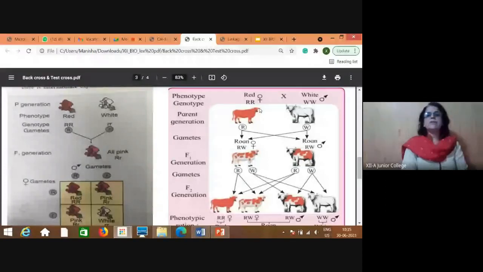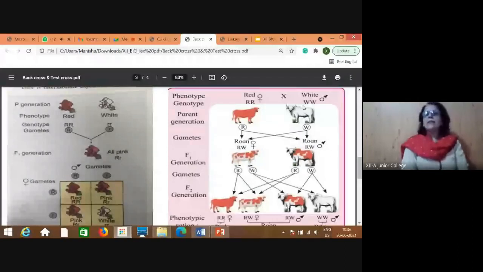Try to understand. For red, a capital letter is used, and for white, unlike the red and white flower, here a capital W is used. It is not a small r. Try to understand, this is the difference in this example of codominance.